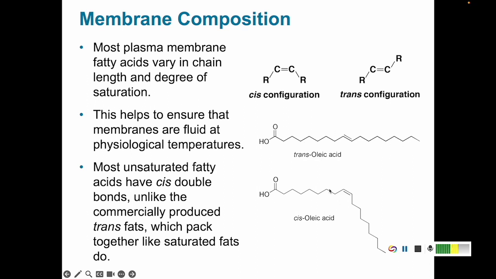And a cis double bond is going to give you this, more of that kinky, curvy tail. So that means that if you have a trans fat, it is going to affect your cells pretty similar to having a saturated fatty acid in there. If you have a cis double bond, then it's more likely that will keep your cell membrane more fluid, even at those colder temperatures.